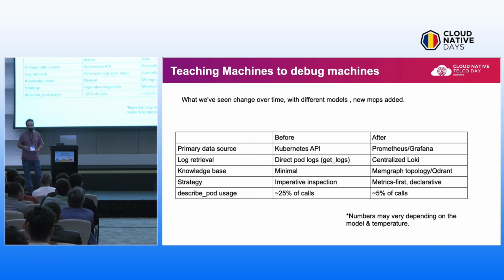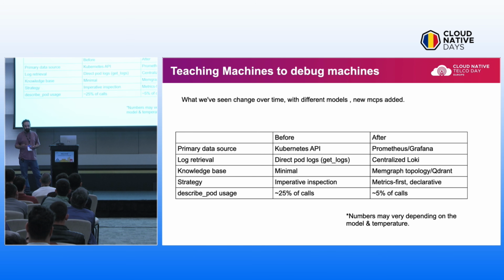So it switched from having the primary data source, the Kubernetes API, to Prometheus. It switched the log retrieval from direct pods to centralized Loki. The knowledge base was in the beginning minimal, just the RAG. Now the knowledge base was comprised of the entire Memgraph and the entire, like, I don't know, 500, 1,000 past investigations.